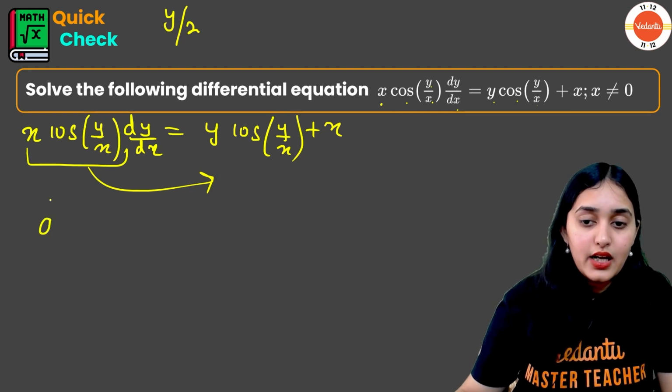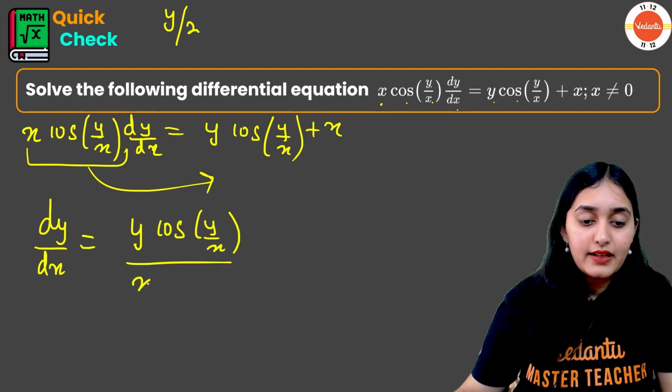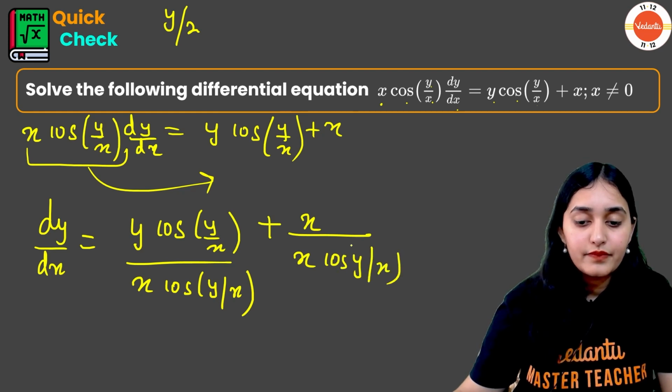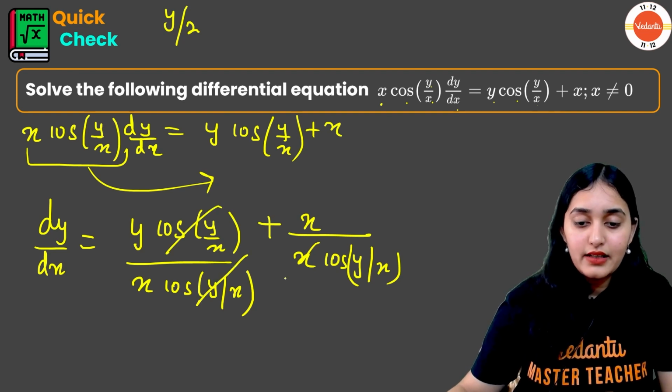So it will be dy by dx is equal to y into cos y by x upon x into cos y by x, plus x upon x into cos y by x. And I am just bringing this to the right hand side. So this gets cancelled, this gets cancelled.